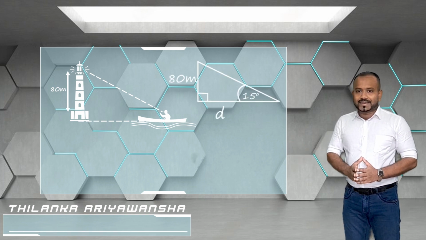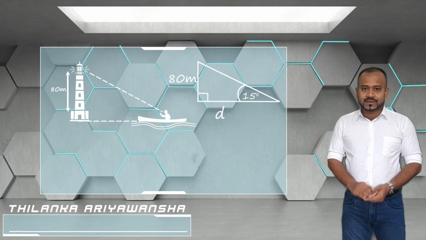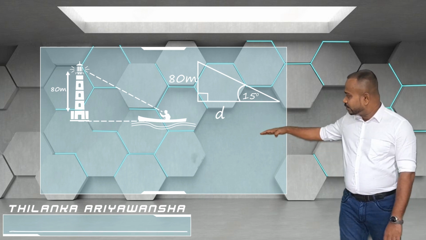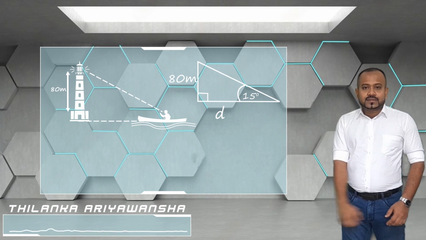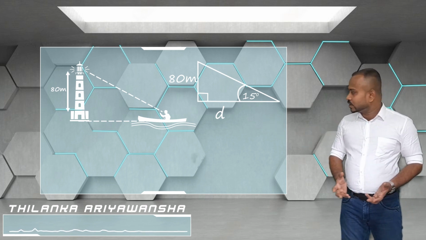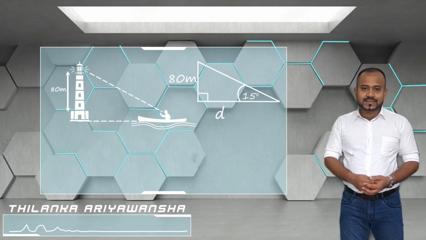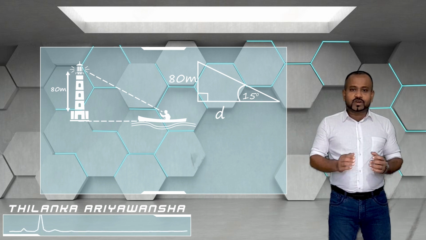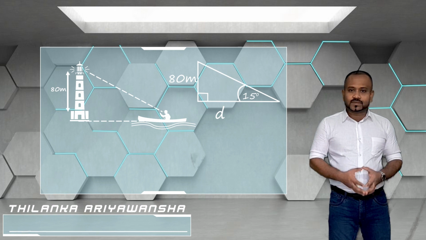After drawing the triangle, you can see that here we have a right angle triangle. This is the angle of elevation. This angle of elevation is 15 degrees. Now we can mark all this data like this. Then we can apply trigonometric ratios into this sum.